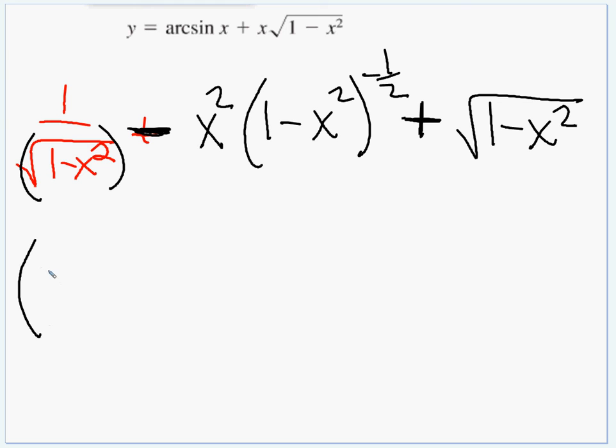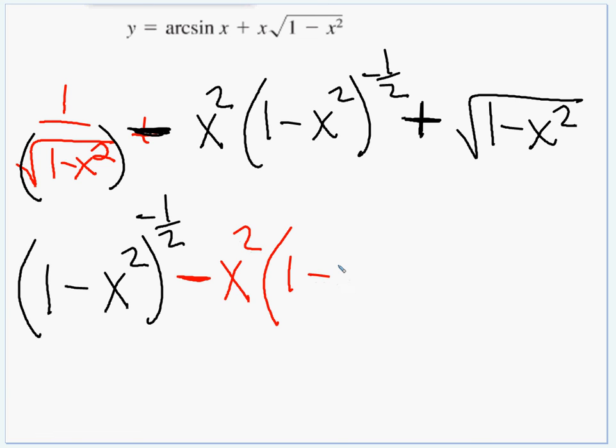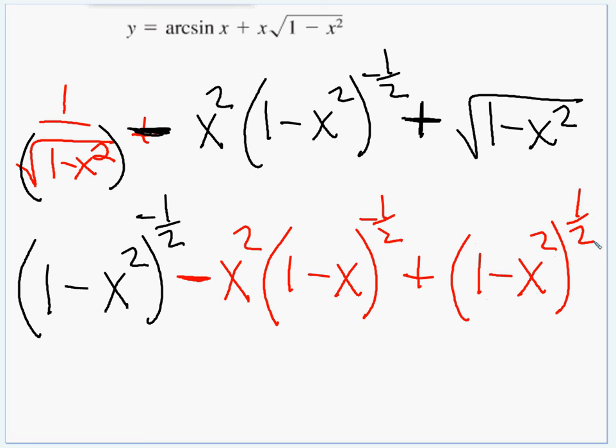So that's going to now be a negative half power. 1 minus x squared to the negative half. The middle term, we're going to have a minus. We've got our x squared times 1 minus x squared to the negative half. And then our last term plus, this is just a square root. So that's going to be 1 minus x squared to the positive half power.